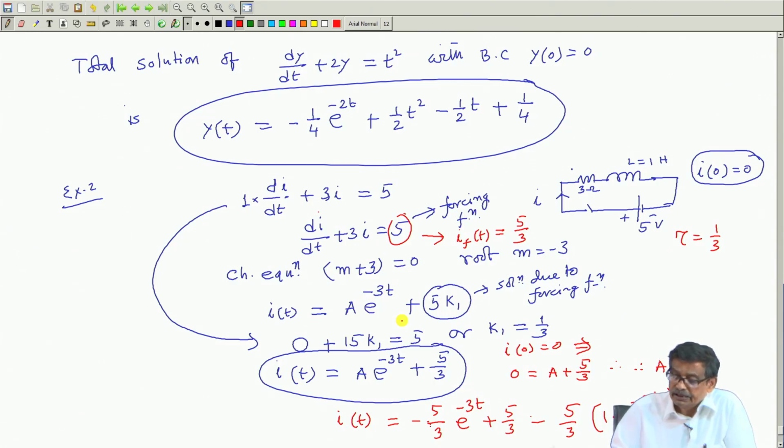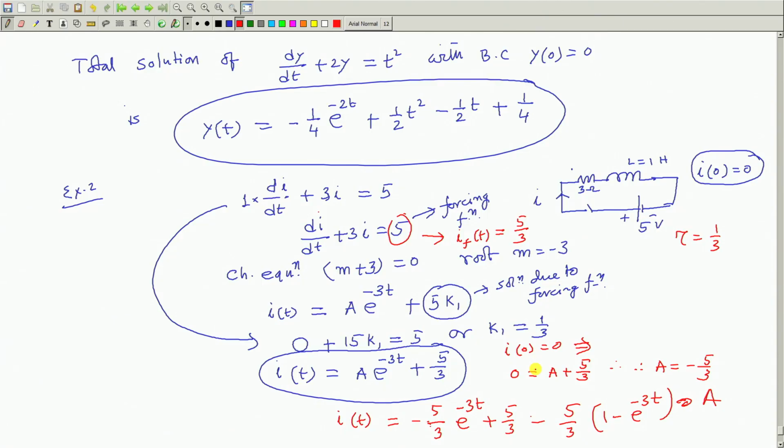So, equate the coefficients of the like powers on the left hand side and right hand side to get the constants k 1, k 2, k 3, etc. That is one thing. And the second thing is, first determine k 1s, the forcing function constants, and then write down the total solution, then apply the boundary condition. This is a very important step.